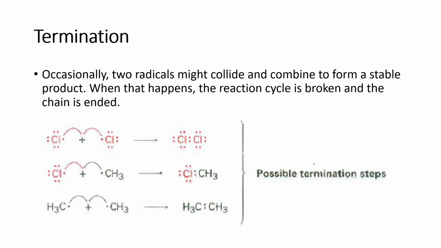So please take note that termination occurs when two radicals collide, meaning it could be chlorine-chlorine radicals, or methyl-methyl radicals, or a chlorine radical and a methyl radical. Okay, as long as it is two radicals, they can bond to each other and it will not produce another radical. So these are the possible termination steps.